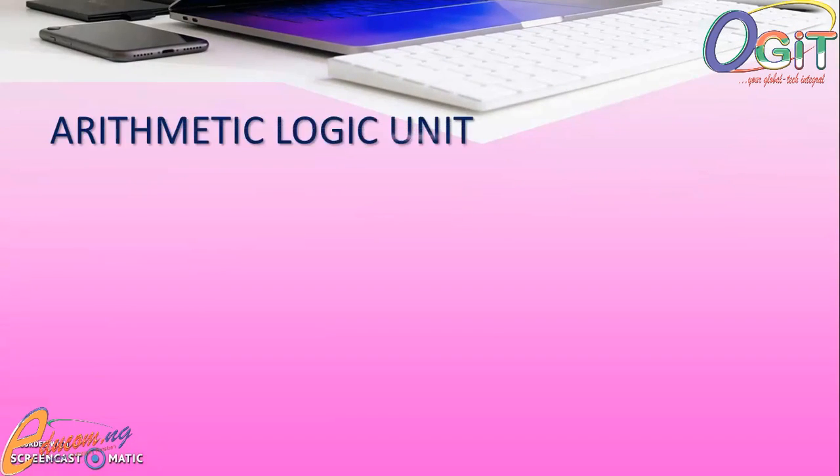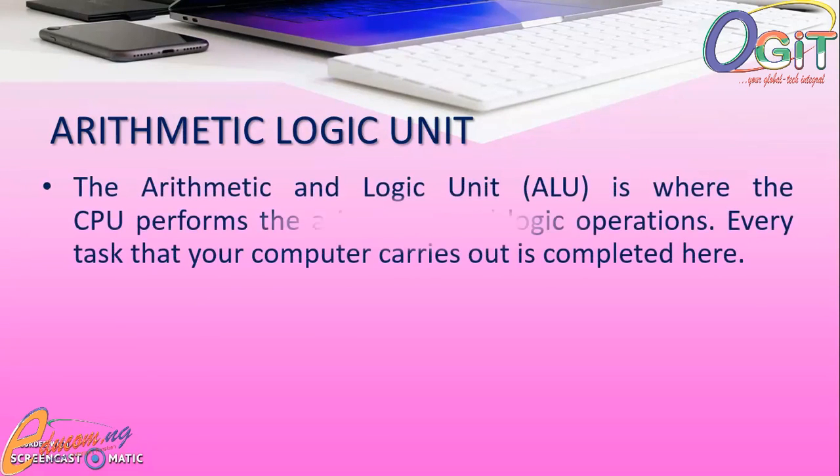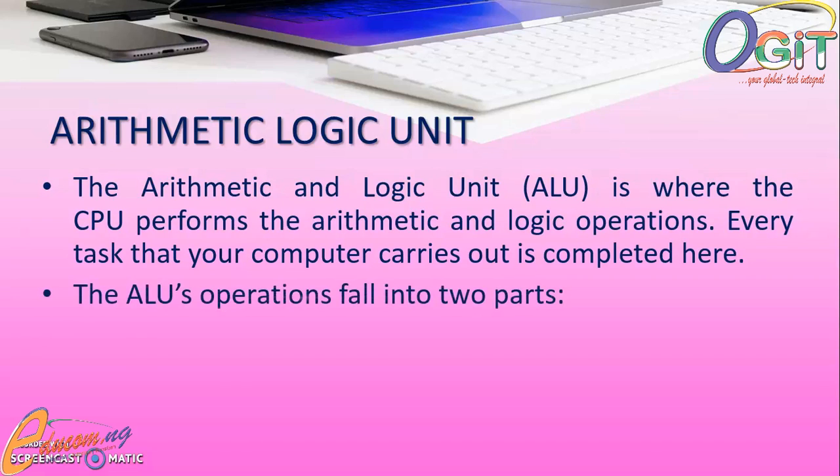Now let's look at the arithmetic logic unit. The arithmetic logic unit, known as ALU for short, is where the CPU performs the arithmetic and logic operations. Every task that your computer carries out is completed here. The ALU's operations fall into two parts.